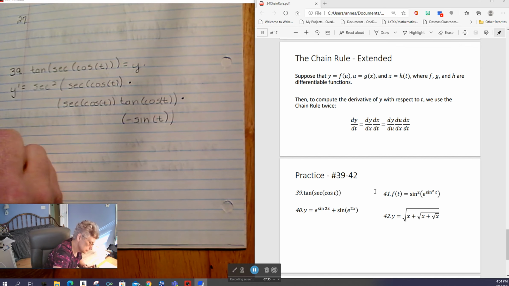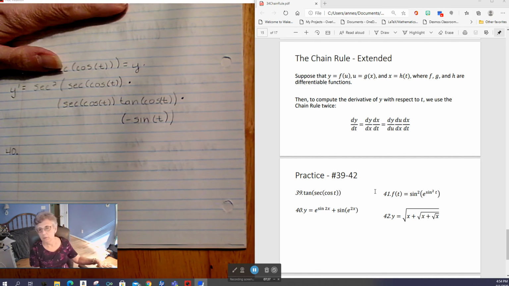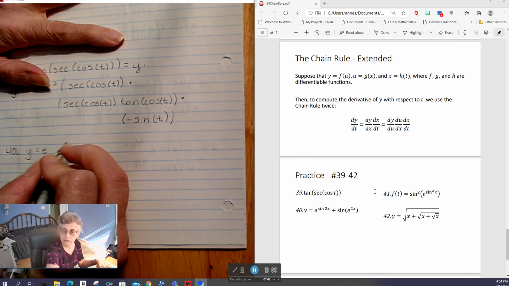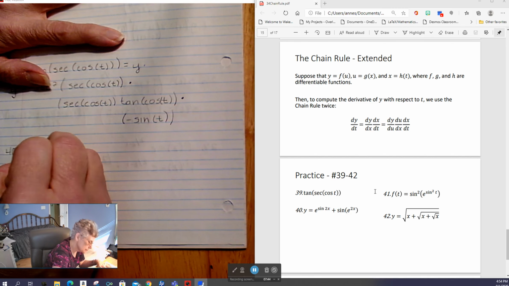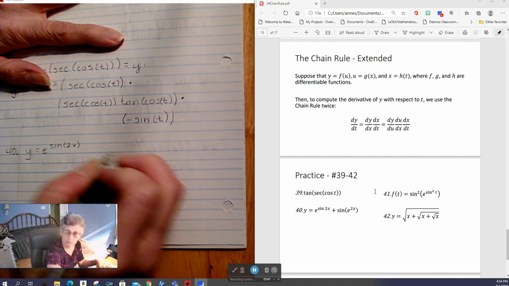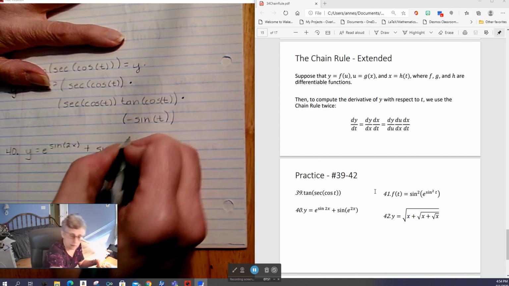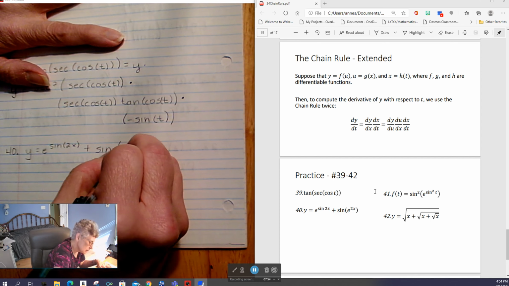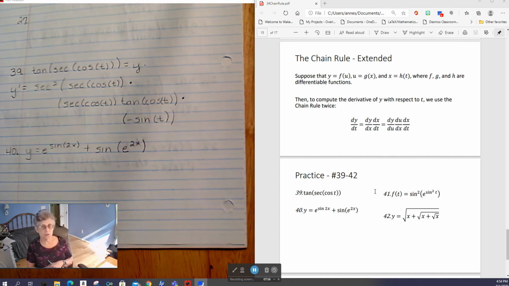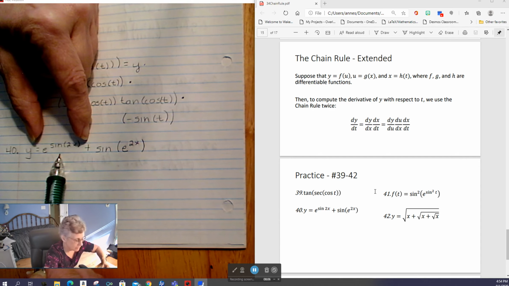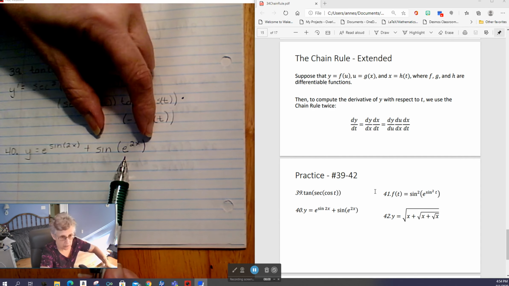Let's do another one. We have y equals e to the sine of 2x plus sine of e to the 2x. So we have two separate pieces here with a big plus sign between them. That means we'll look at this piece, then we'll look at that piece.